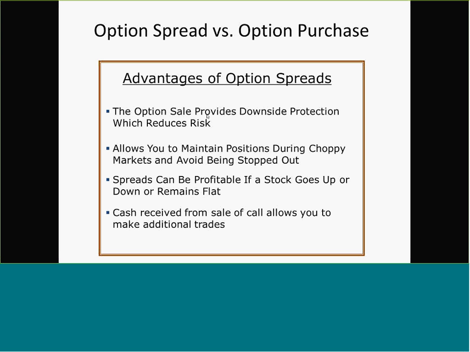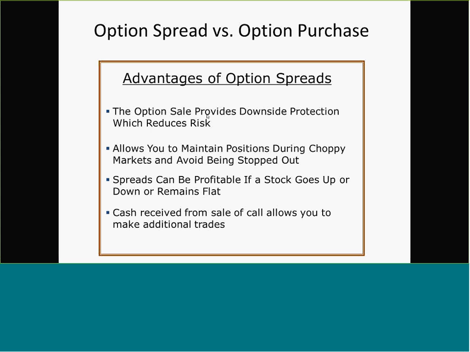If you just own the call option and the stock starts to decline in price, you're going to lose money no matter what. But with these spreads, it's still possible to profit even if the underlying stock goes down. And then, of course, the cash received from the sale of the call allows you to make additional trades.